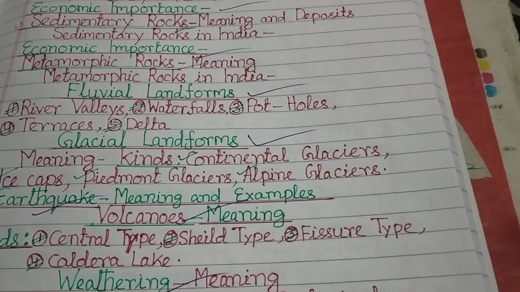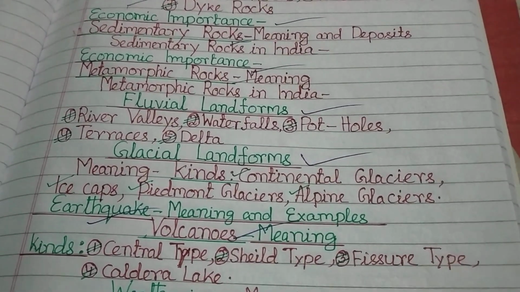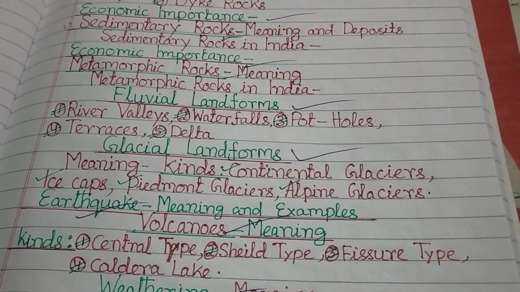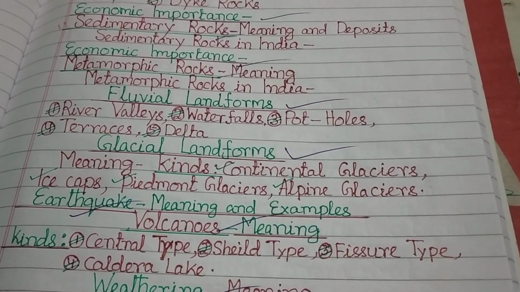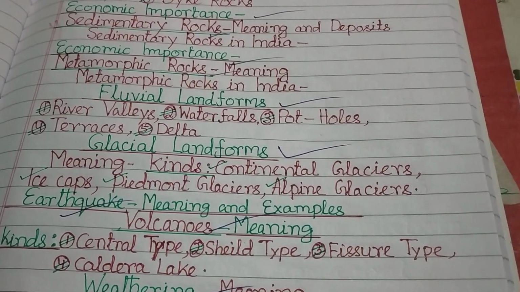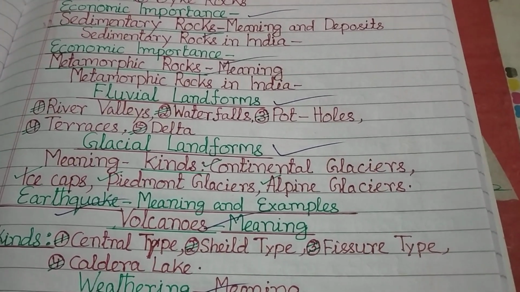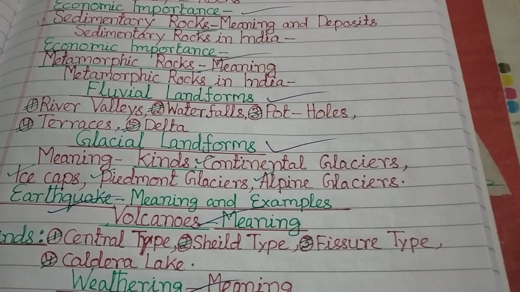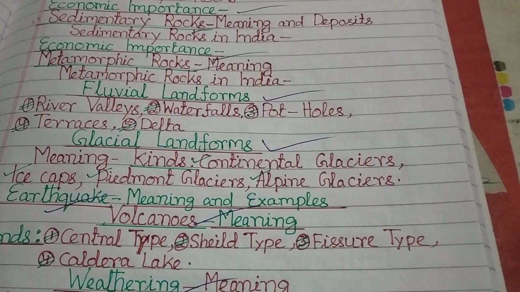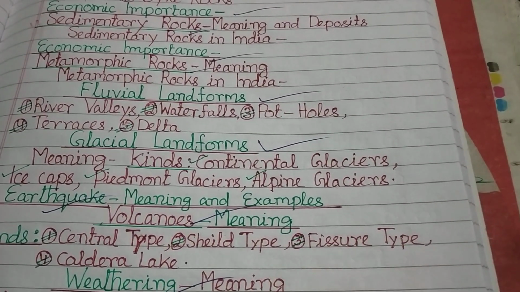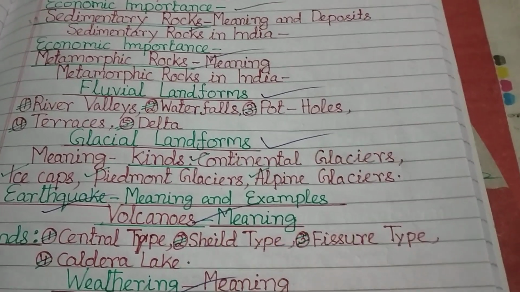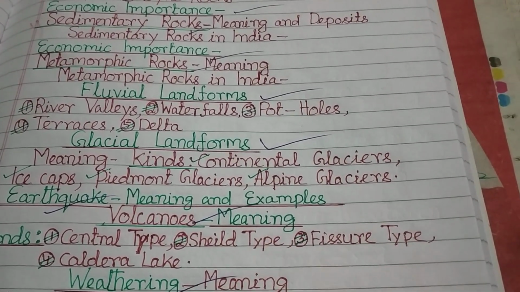Then we find another kind of igneous rock, and that is dike rocks. These rocks occupy an intermediate position between the deep-seated plutonic bodies and the surface lava flows.